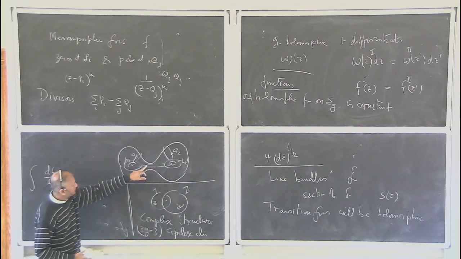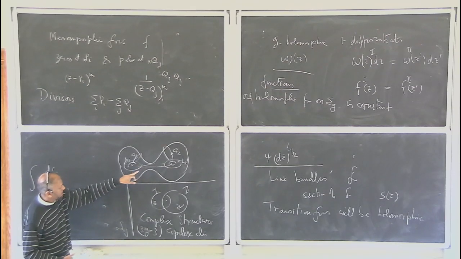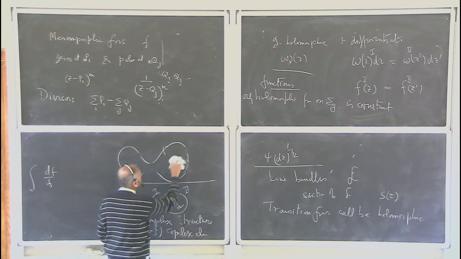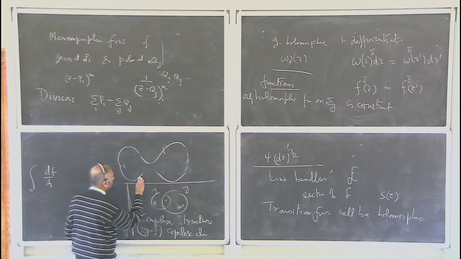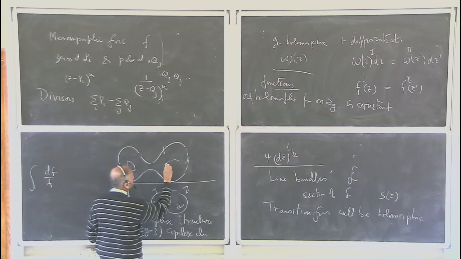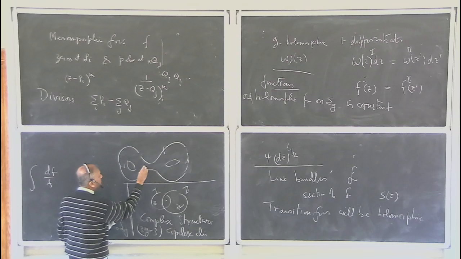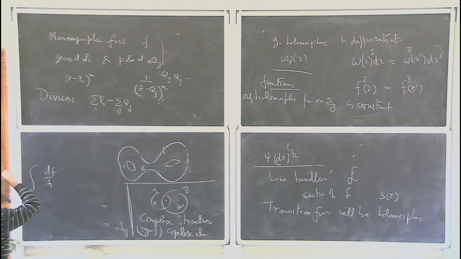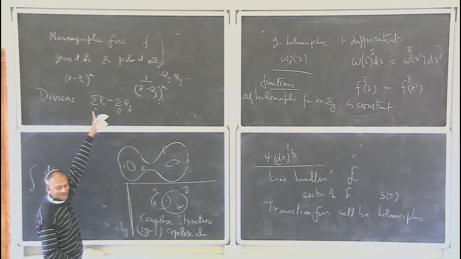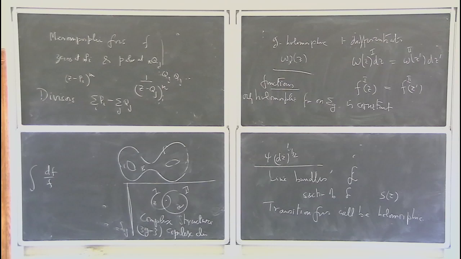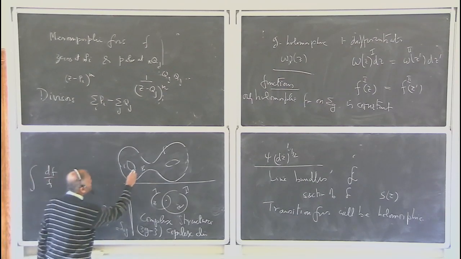One convenient way of thinking about this, which is very useful in proving various theorems, is to choose some base point. I call it P hat naught, not to confuse it with the p_i. This has nothing to do with the zeros.